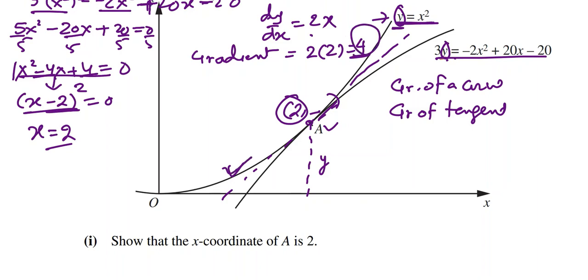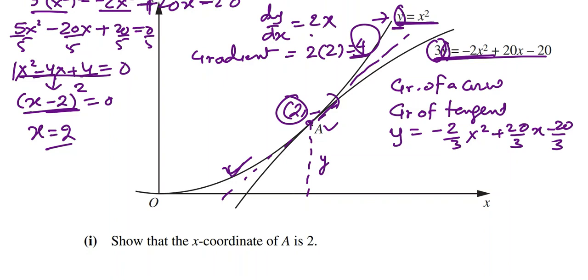So let's do it. This equation here becomes y equal to minus 2 over 3 x square plus 20 over 3 x minus 20 over 3. Why divided by 3? Because I removed this 3 and divided it to the other side.